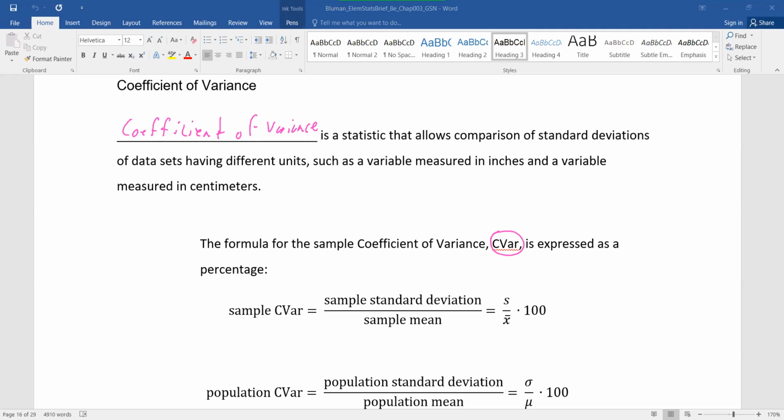If it's population, same concept, just different notation: little sigma over little mu, times 100. Any questions on the formula there? Very straightforward. All right, so let's go to the range rule of thumb.